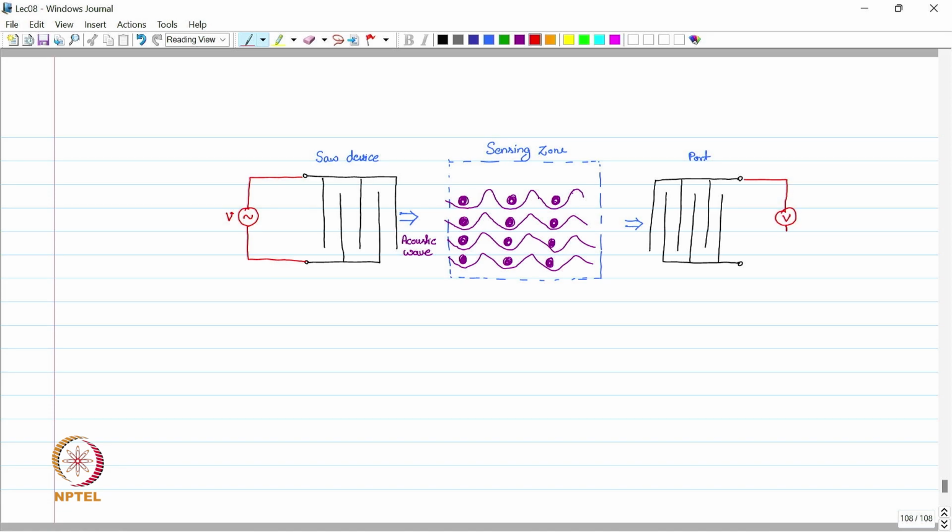It can be a voltmeter or some electrical instrument to measure this output voltage. So this is a typical SAW sensor with bias circuit.